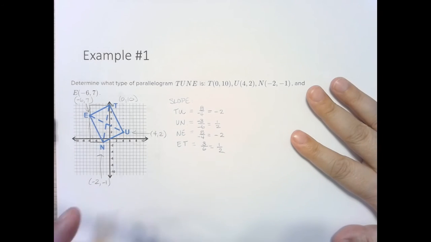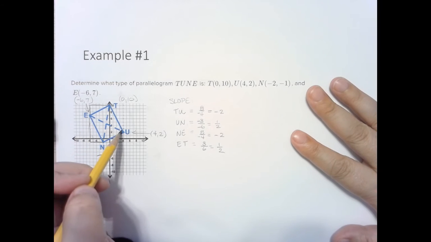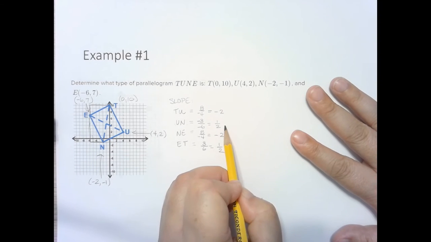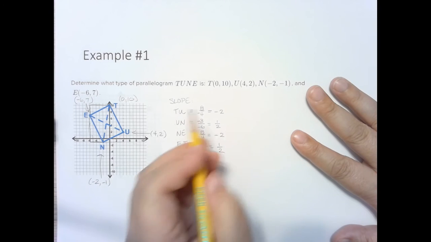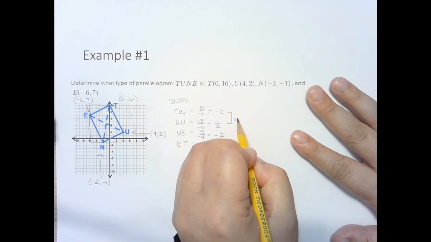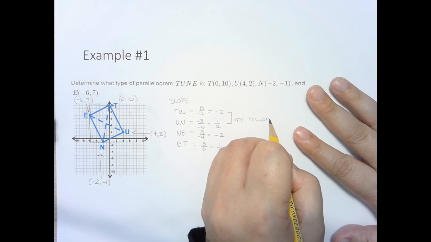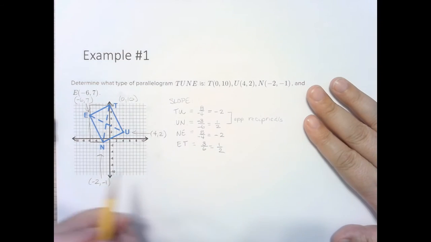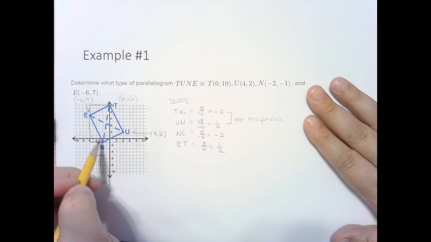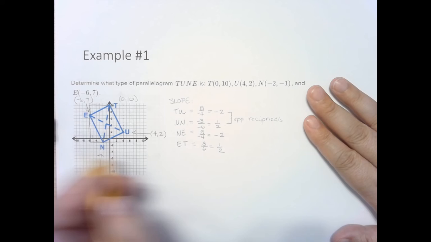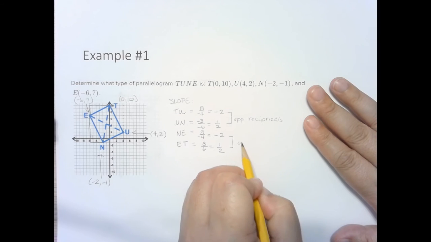Now if I look at TU and UN, -2 and 1/2, those are opposite reciprocals. Same thing with E to T and NE. Those are opposite reciprocals.